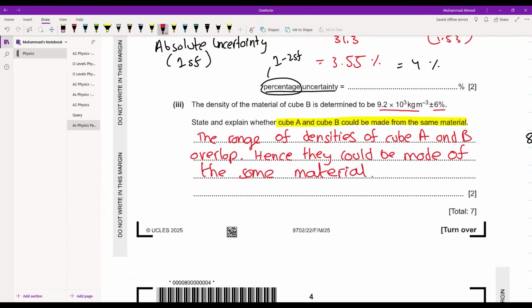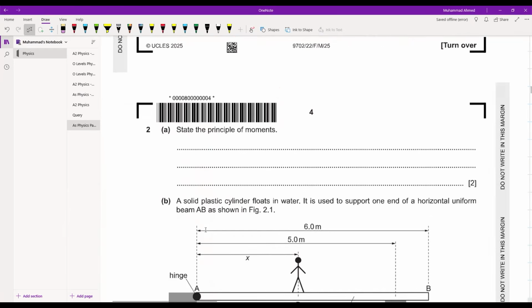Let's further move ahead. State the principle of moments. What will you state?